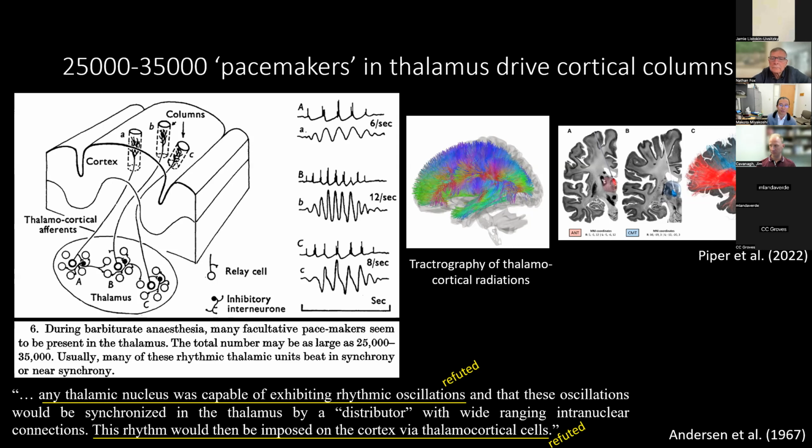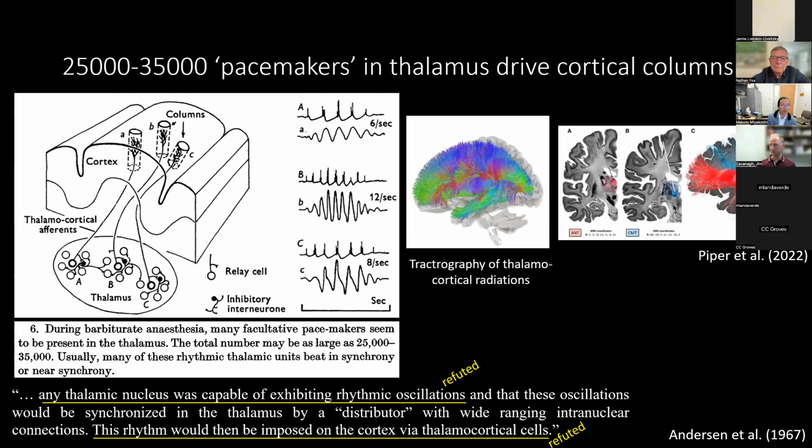But this is as if the thalamus is the only rhythm center, and the cortex is just driven by the thalamus. But recent studies showed there are interactions between the thalamus and the cortex, and also cortical-cortical connections can show some rhythmic oscillations. By the way, on the right side of the panel, I show the tractography of the thalamocortical radiations.